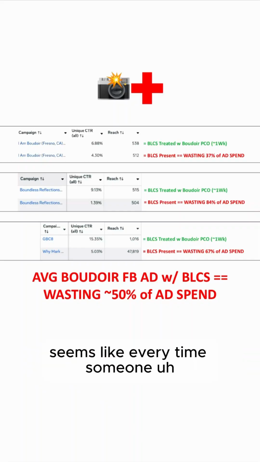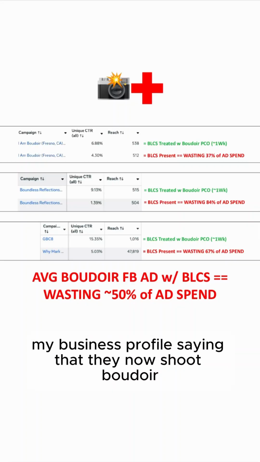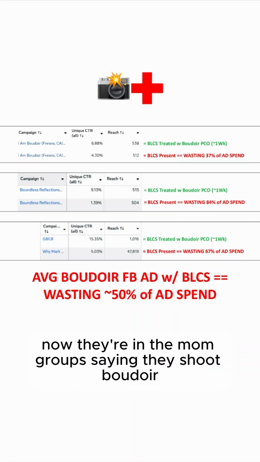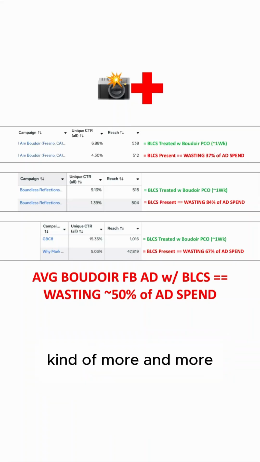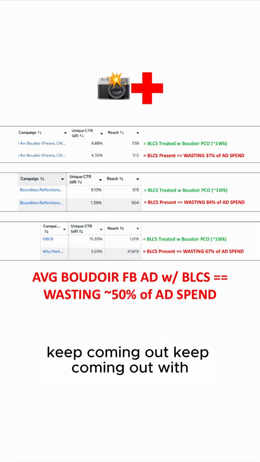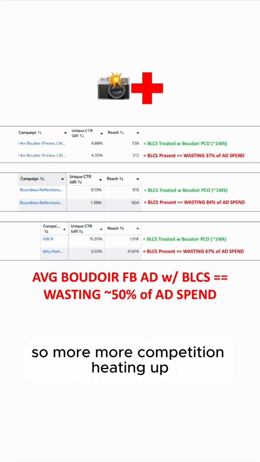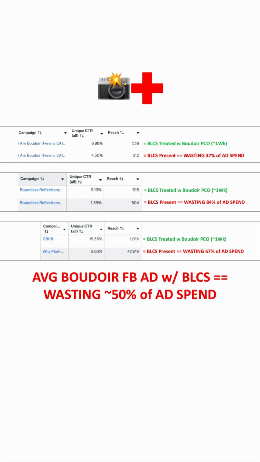Seems like every time someone gets a new iPhone, they're throwing up their Google My Business profile saying that they now shoot boudoir, or they get a new camera, now they're in the mom groups saying they shoot boudoir. More and more boudoir photographers keep coming out with basically the same number of buyers, so more and more competition is heating up.